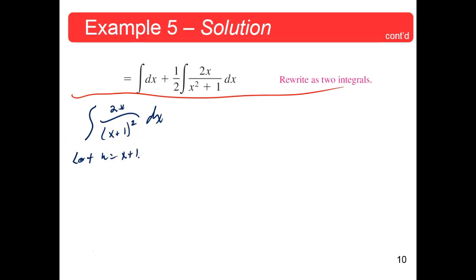Then du is equal to dx, that's all, okay? But we have a 2x dx, not just dx. Have we got a problem here, Houston?